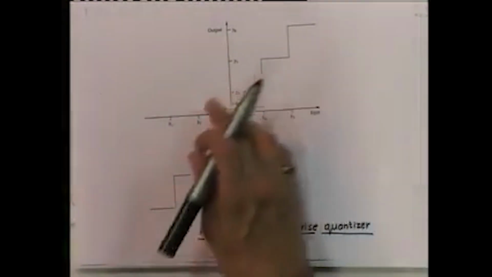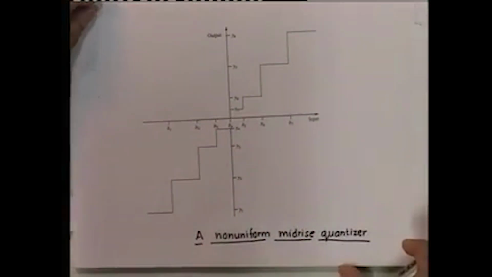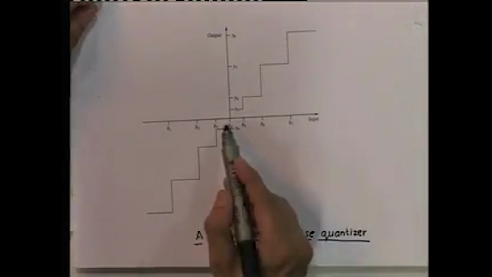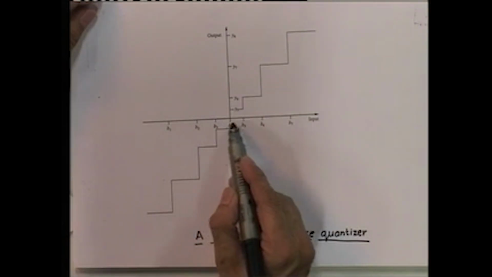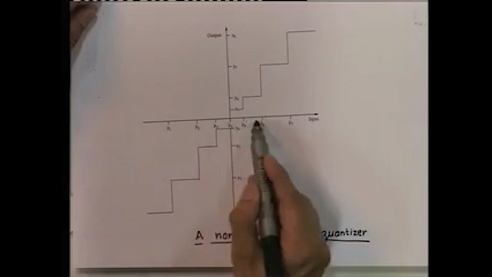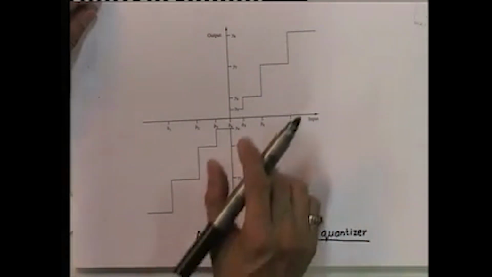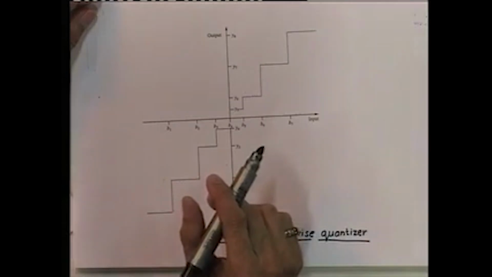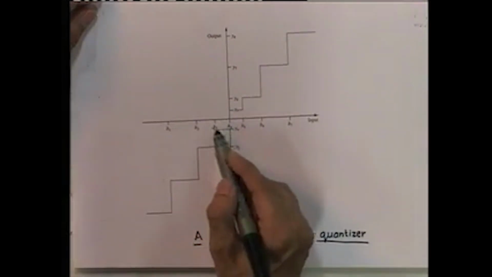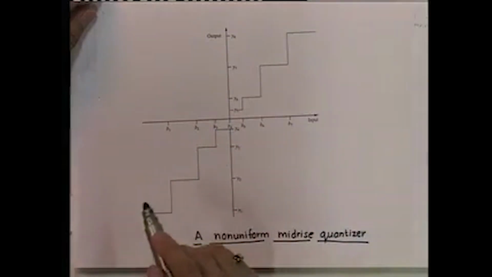An example of a non-uniform quantizer is shown in this figure. Notice that the intervals closer to 0 are smaller, hence the maximum value that the quantizer error can take is also smaller in this region, and that is why there is a better approximation.